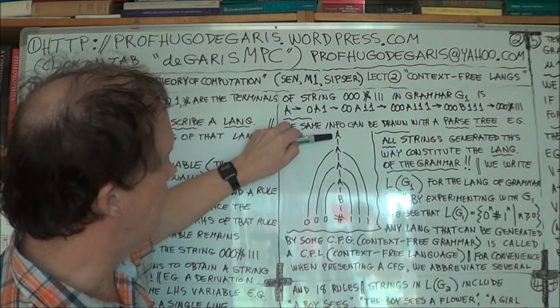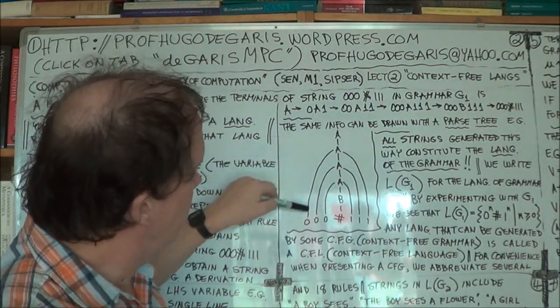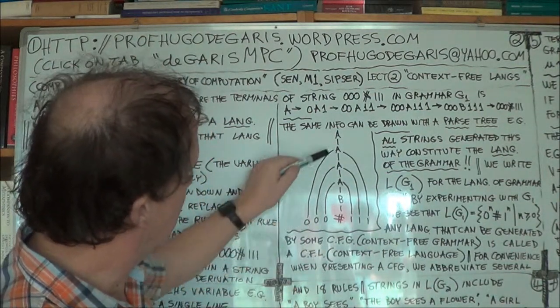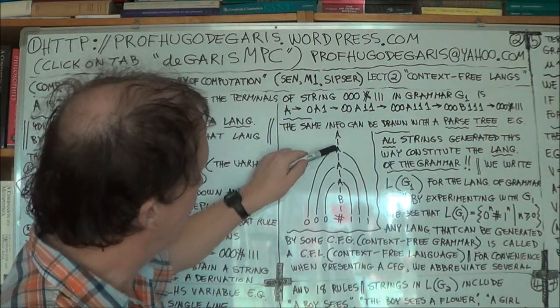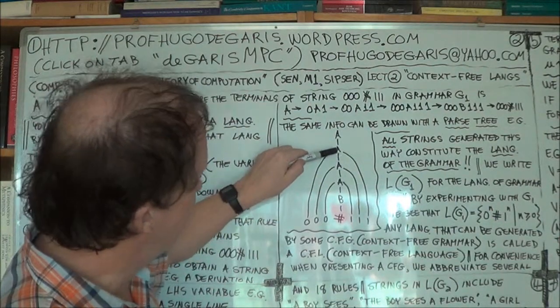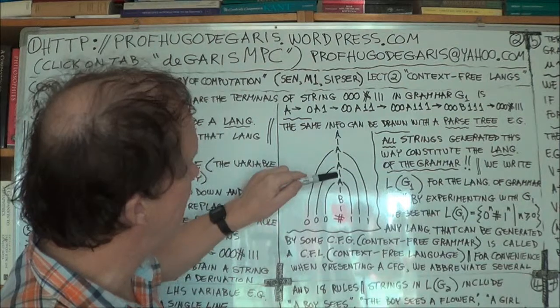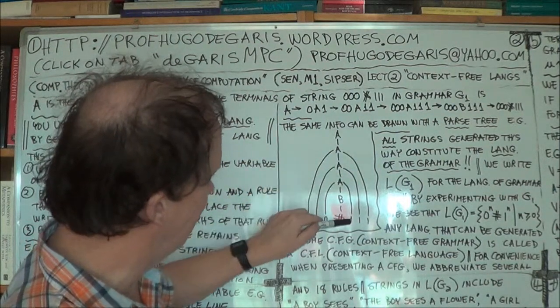So you start with start S, then A, and then you replace the A by 0A1. So you've got 0A1. Then you replace the middle A by again 0A1. And the A of that one you replace again, a third time, so 0A1.